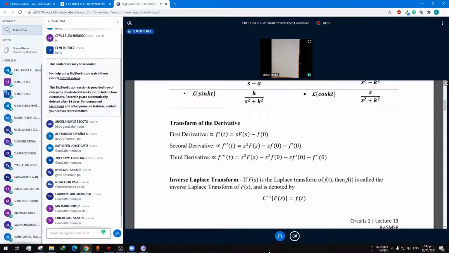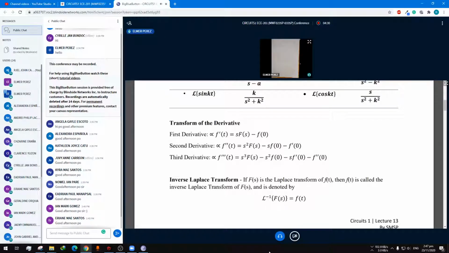And then pag third derivative naman, we'll start with s cubed, and then yung second term will be s squared, and then yung third term will be just s, and then yung final wala. Kasi para itong s raised to 0, which is equal to 1. And then naman yung mga f of s naman, we'll start with the basic tapos magiging 0, and then yung derivative ng dalawa.